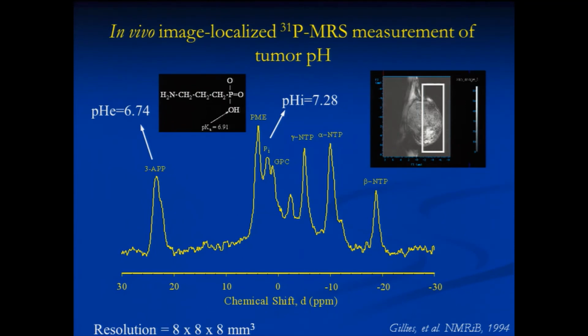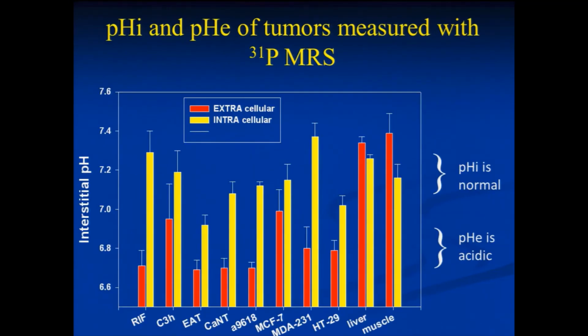The inorganic phosphate peak is a measure of the intracellular pH, and its chemical shift is also pH dependent. And so by determining this spectrum and quantifying these peaks, they're able to determine the pH in the extracellular and intracellular environments. And they did this in a number of tumor xenografts and could see that in almost all of them, the pH was much lower in the extracellular environment relative to the intracellular.